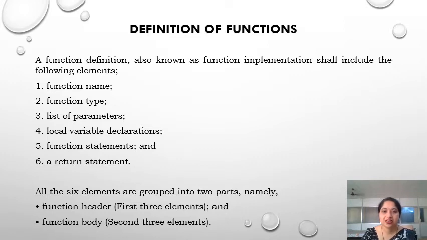All these 6 elements are grouped into 2 parts. First one is the function header, which has the elements function name, function type and list of parameters. And the next three elements, the local variable declaration, function statements and the return statement, together form the function body.